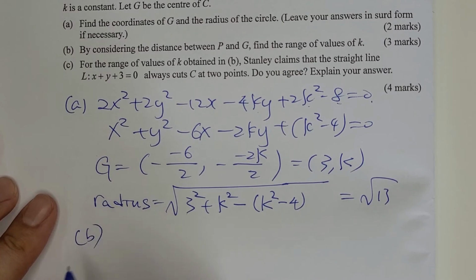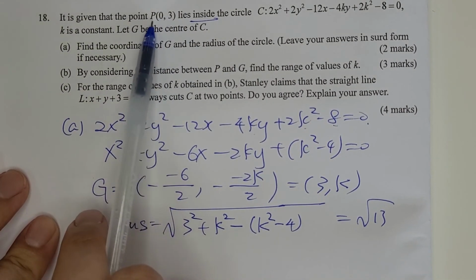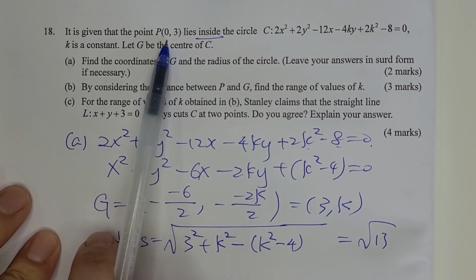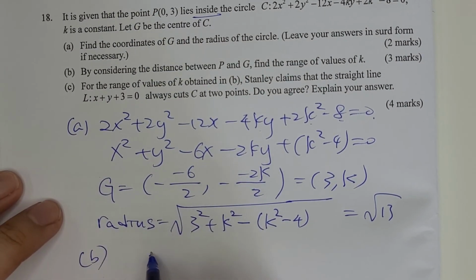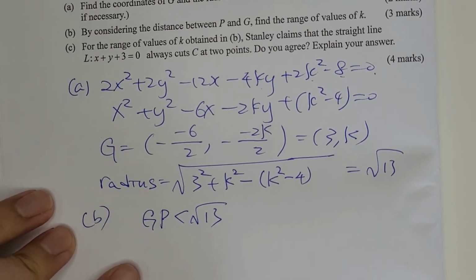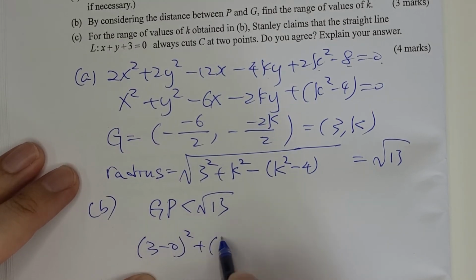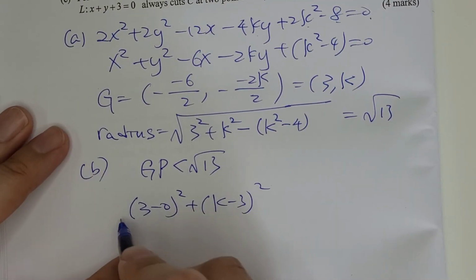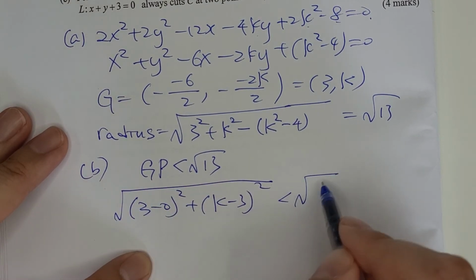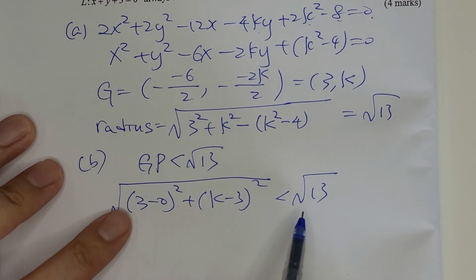So part B, the question told you that P is inside the circle. That means GP less than square root 13. And what is the distance GP? That is (3 minus 0) all squared plus (k minus 3) all squared, and take square root, less than square root 13. In here, don't worry, both sides must be positive.